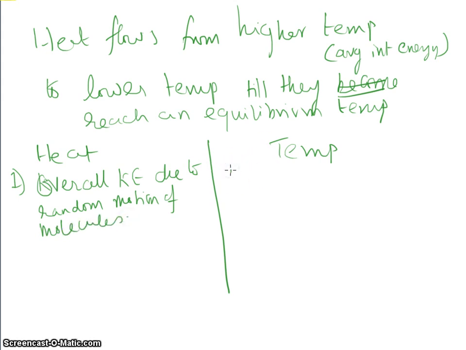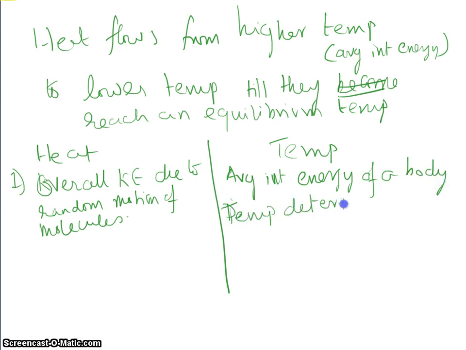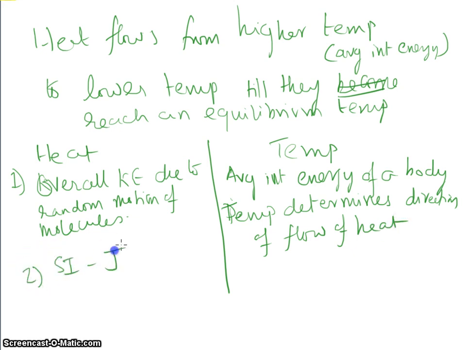Temperature is basically average internal energy of a body, and temperature determines the direction of flow of heat. The SI unit of heat is joules. The SI unit here is Kelvin.